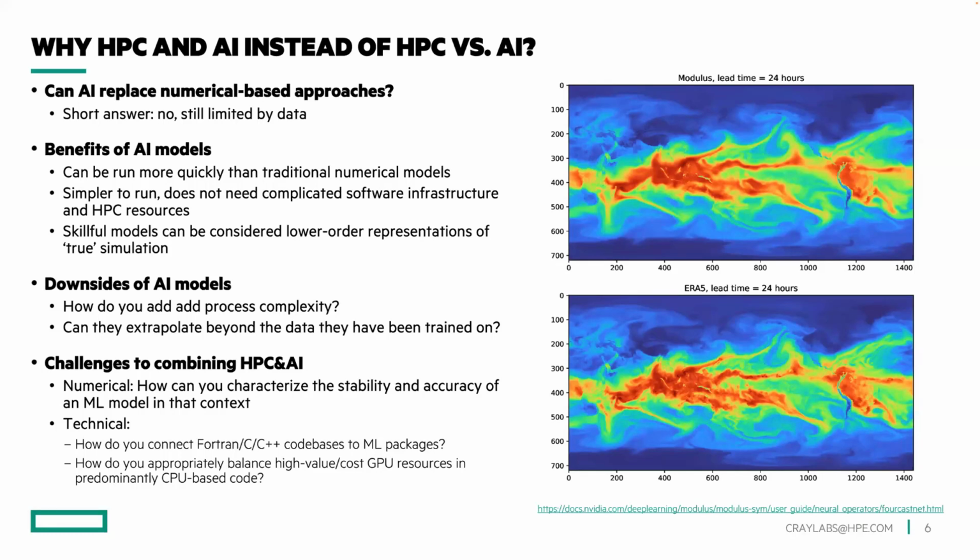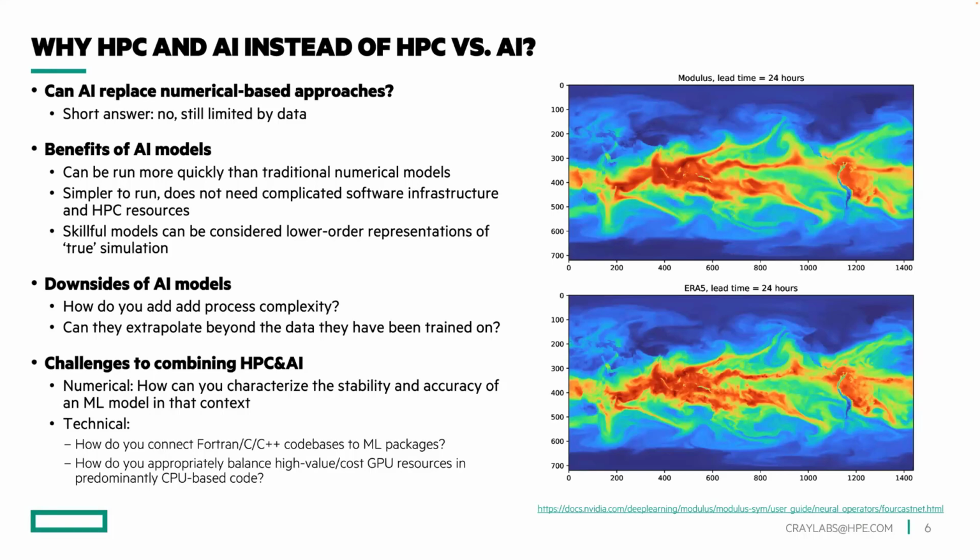But can we then use only AI, replacing the whole numerical stack with just AI? Well, the short answer, at least as far as we're concerned, is no. AI is currently limited by the data you use to train it. Even if it gives good results on samples similar to what it was trained on, it will have a very hard time extrapolating to parameter spaces it hasn't seen before.